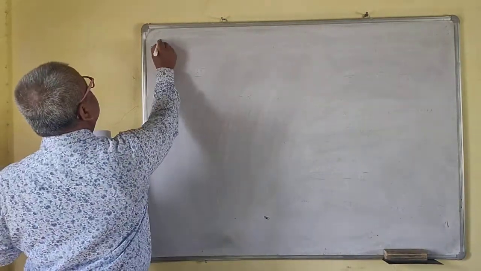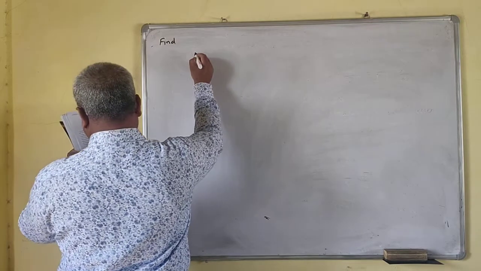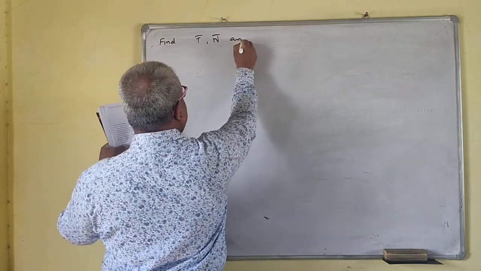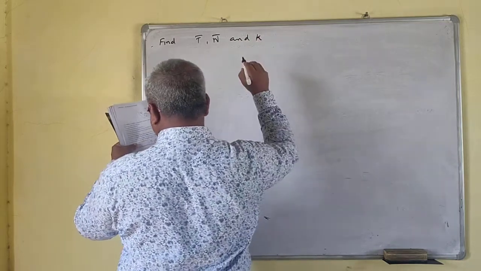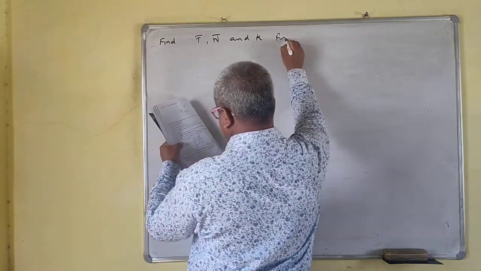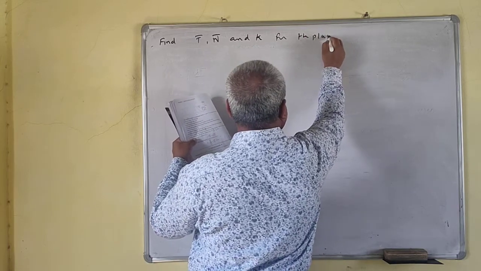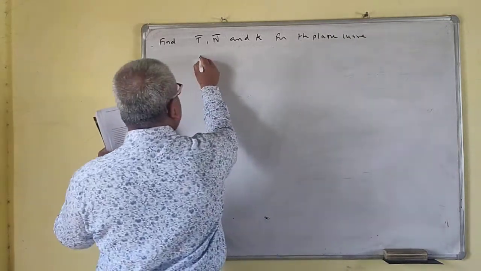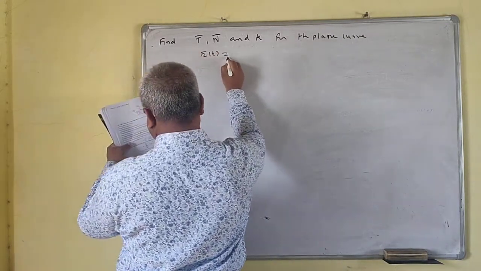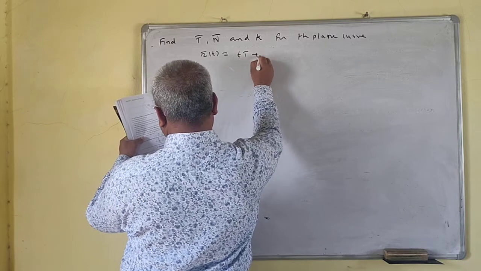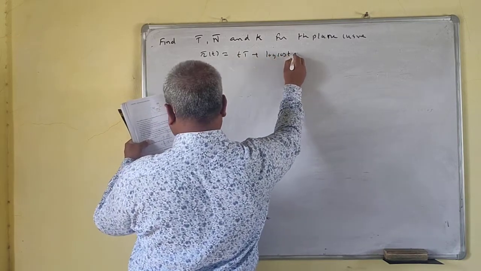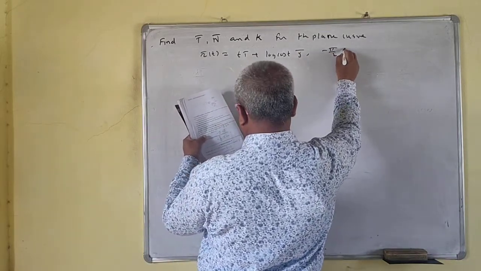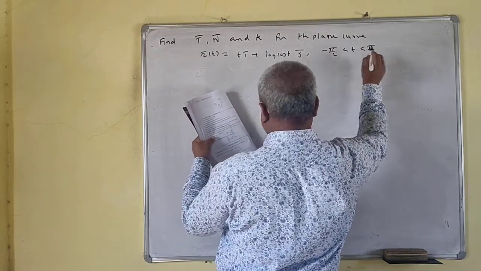Find T bar, N bar, and K for the plane curve r bar of t equals t i bar plus log of cos t j bar, with minus pi by 2 less than t less than pi by 2.